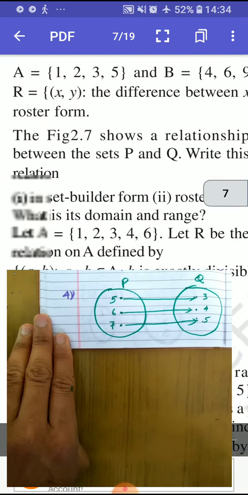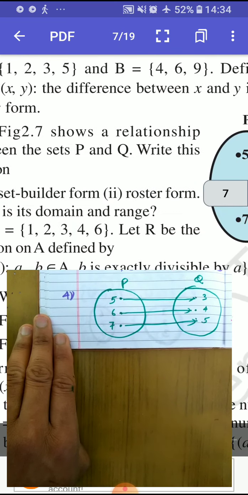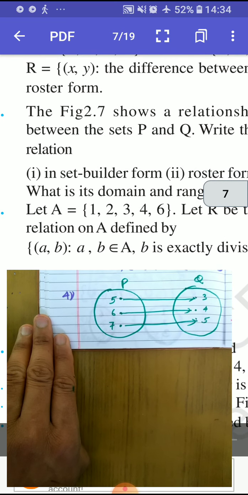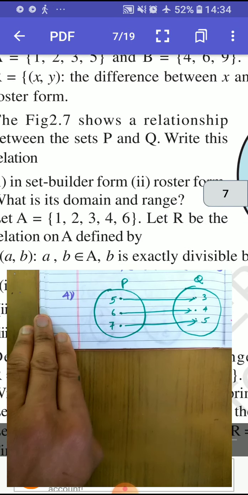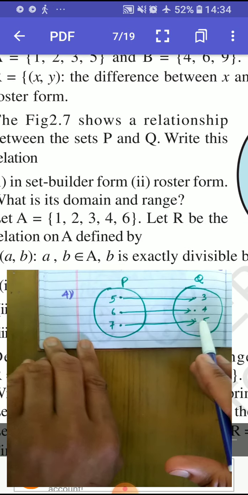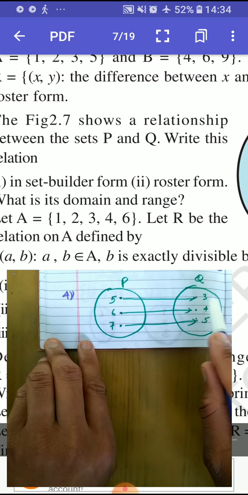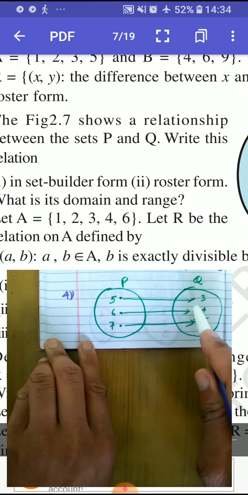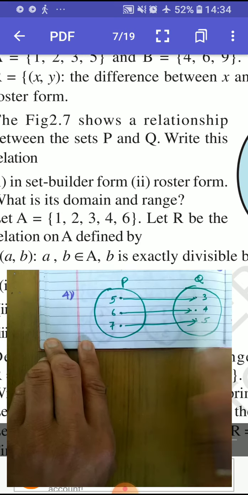So the relationship between the sets P and Q: write this relation in set builder form and roster form, and write its domain and range, right? Okay, my dear student, as you have observed, the range is 2 less than the domain, right? 5 minus 2 equal to 3, 6 minus 2 equal to 4 and 7 minus 2 equal to 5.